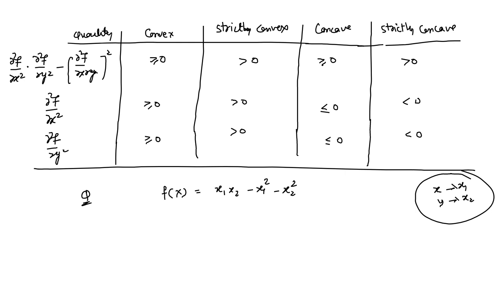The function is convex, concave, or neither. For neither, the condition is that this is equal to 0. If this condition is equal to 0, the function is neither concave nor convex. You have to understand this. We just add one column here for the neither case, that means this equal to 0.